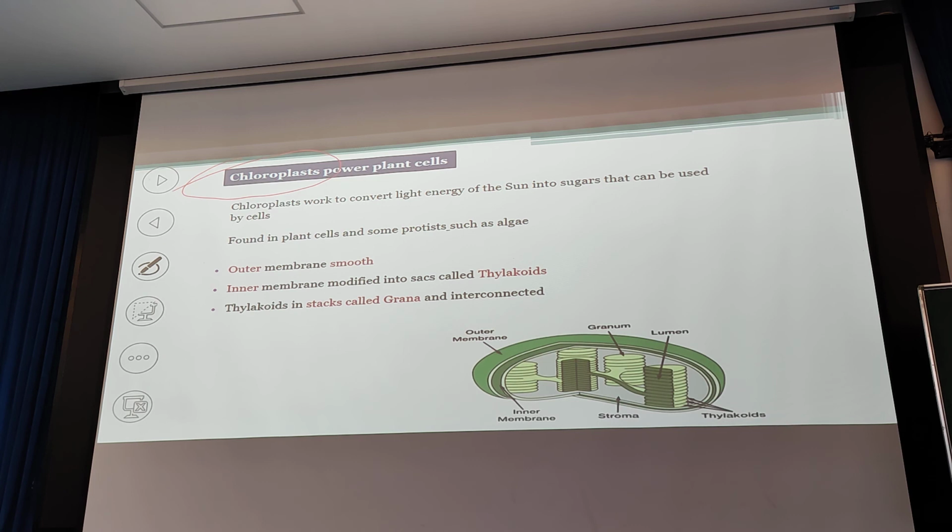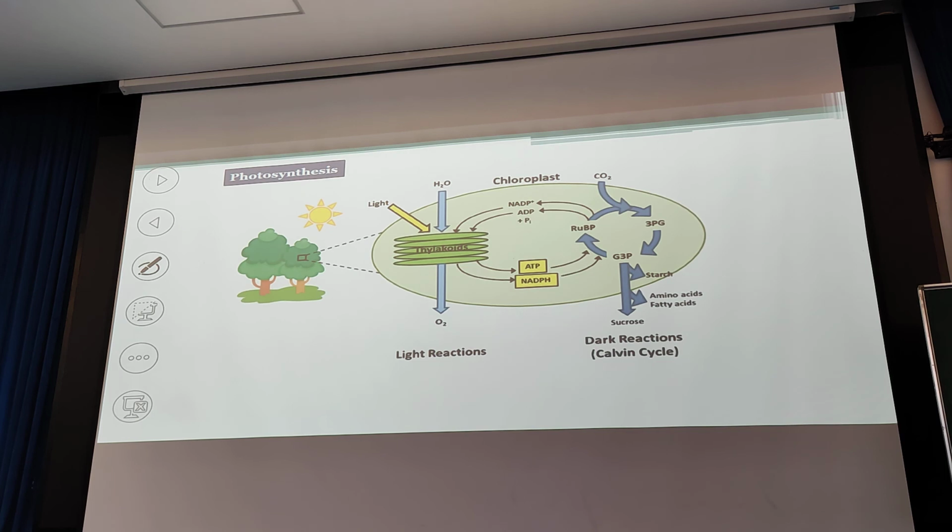This is the structure of the chloroplast. The stroma is the gel-like material surrounding the thylakoids. So this is where photosynthesis happens, where the purpose of the chloroplast is to make sugar so they can feed the cell's machinery.